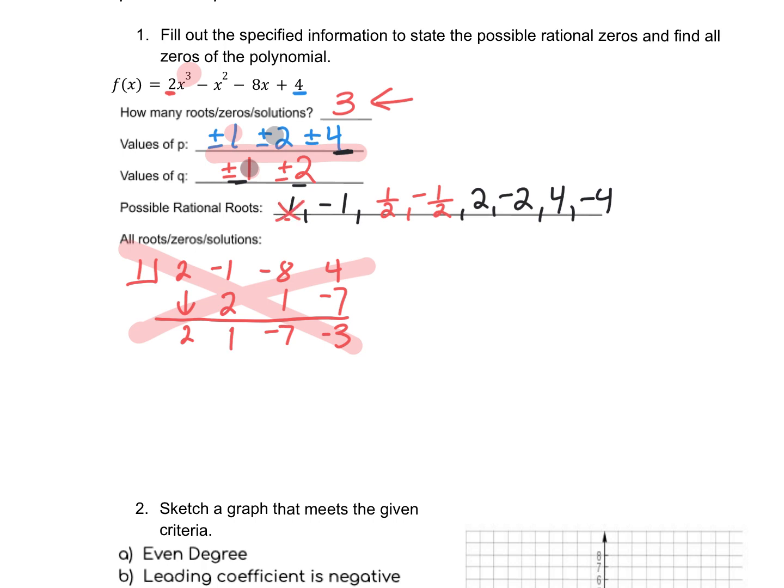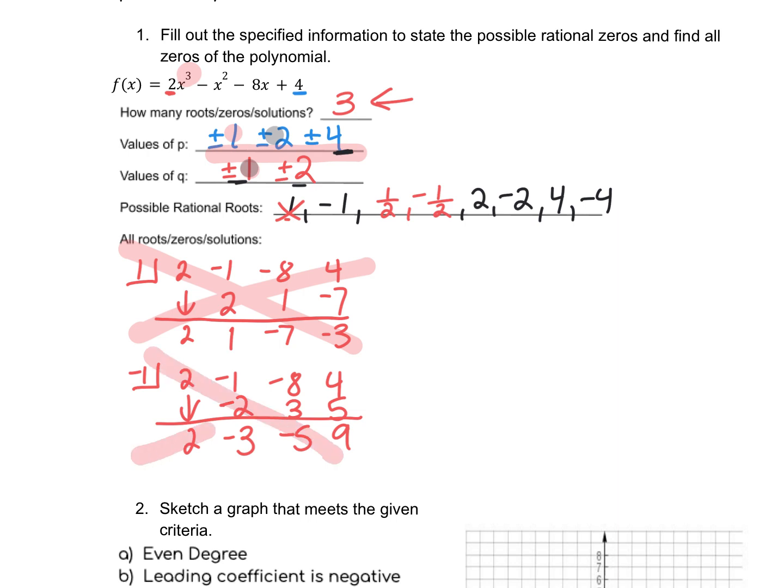We move on to -1. Put the same numbers going across. And we keep going. Drop down the 2. 2 times -1. -2, -3, 3, add them up, -5, 5, add them up. Oop, not going to work, dang it. Moving on, 1/2.